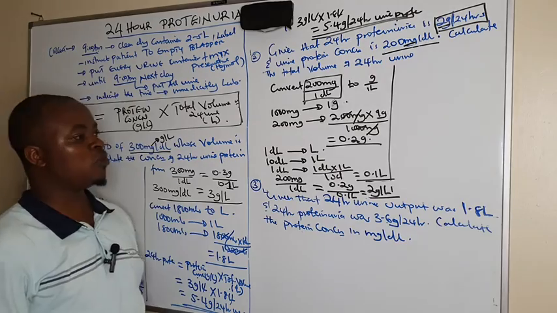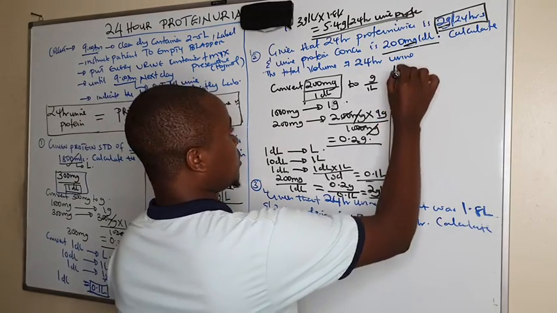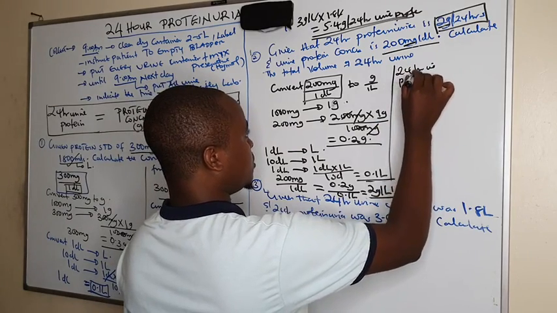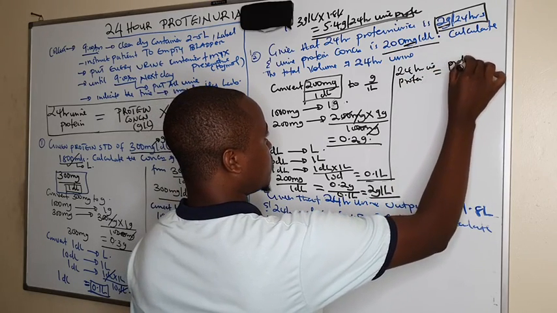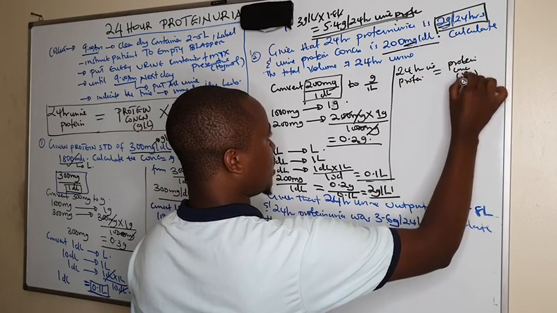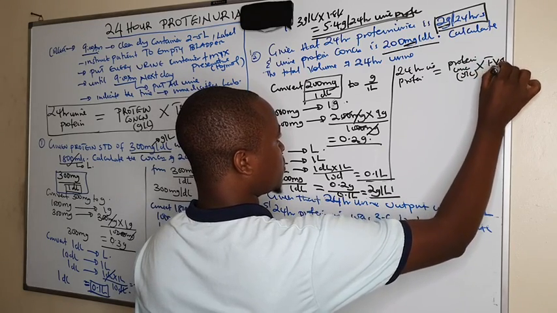After doing that, we are going to substitute in our formula, which says 24-hour urine protein is equal to protein concentration in grams per liter times total volume in liters.